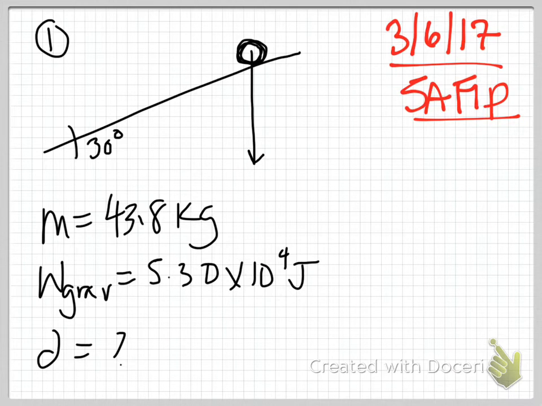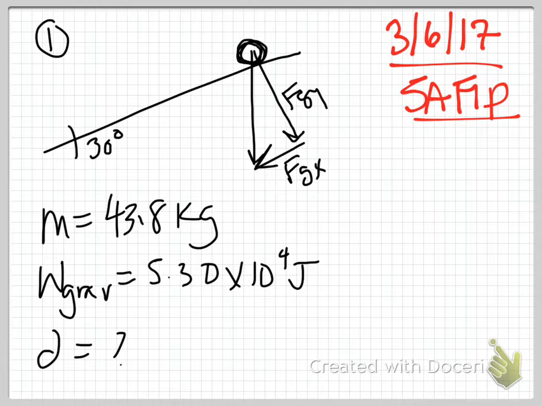So the thing to be careful with here, you guys at this point, after chapter 4, you're all really good at breaking up the force of gravity onto two axes. So we have force of gravity straight down, and then we have F of gy, and we have F of gx. Of those two, which one does work on the rock? F of gx. F of gy does nothing on the rock.